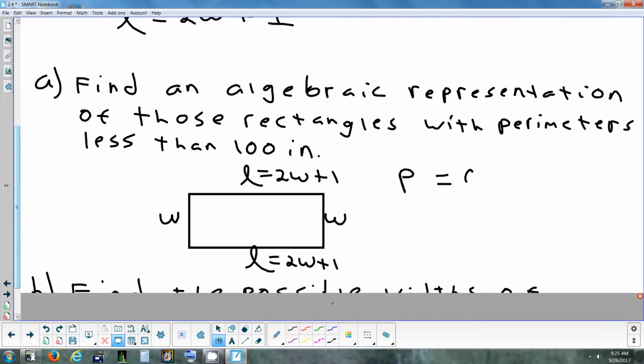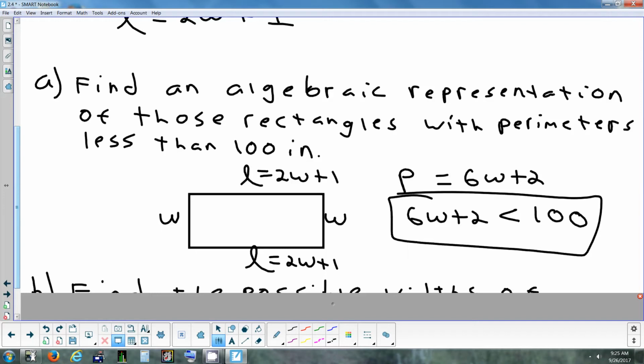Right, so the perimeter is 6w plus 2, and that has to be less than 100. So you want your perimeter to be less than 100. That's basically what we're setting up. So find an algebraic representation of those rectangles with perimeter less than 100. There you go.